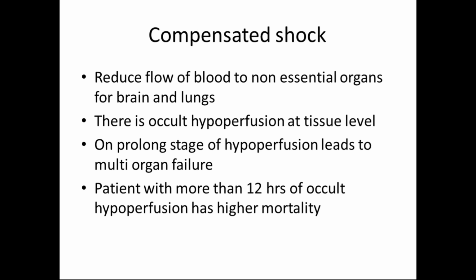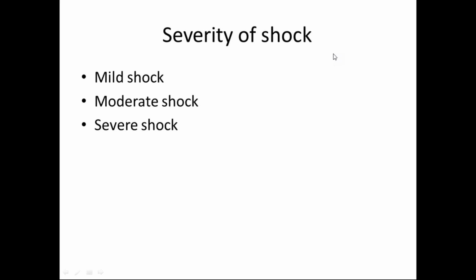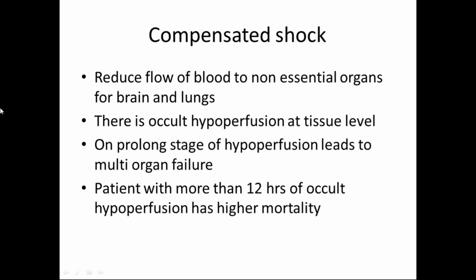If a patient undergoes shock, what are the consequences that occur in our body? Initially there will be a phase of compensation. It is called compensated shock. Then there will be decompensated shock. Coming to compensated shock, there will be decreased blood flow to non-essential organs, mainly skin and gut, so blood flow is preserved for brain and lungs.